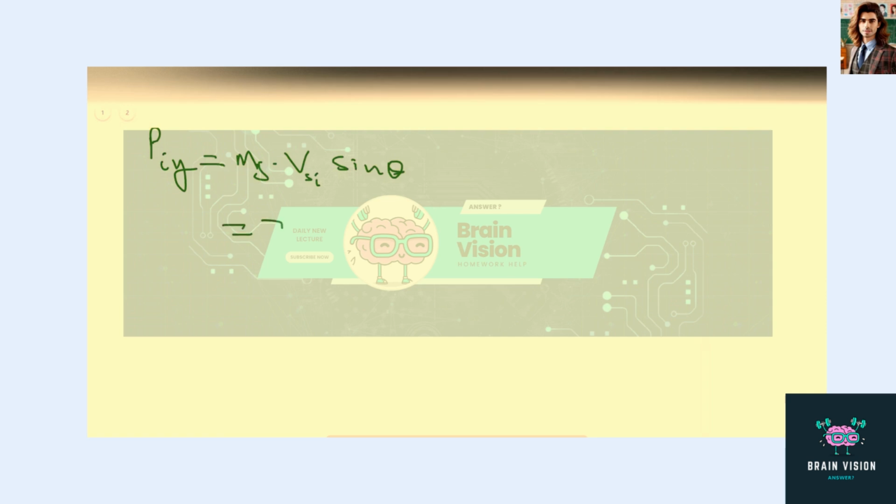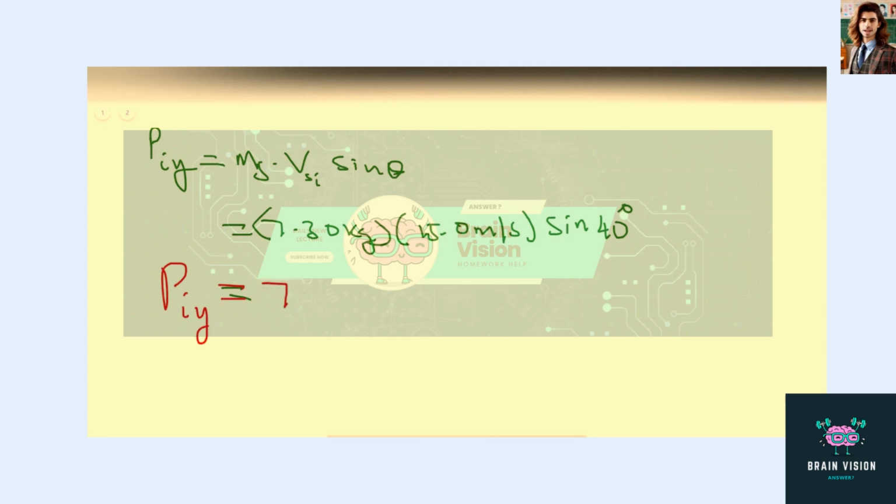The mass is 7.30 kilograms, multiplied by 15 meters per second and sine of 40 degrees. So this becomes 7.3 times 15 times sine of 40, and that gives us 70.39 kilogram meters per second.